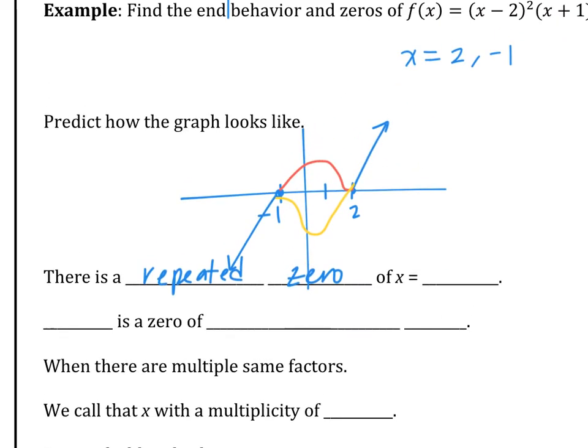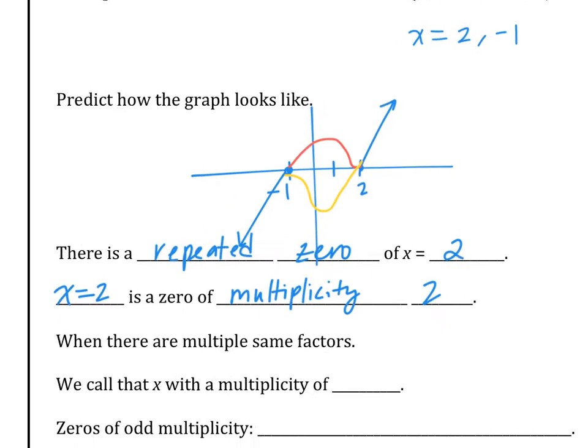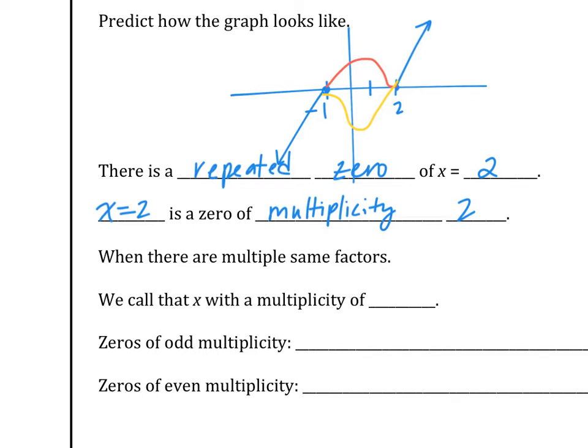And in this case, it's 2. Then we would say x equals 2 is a zero of multiplicity 2. Now, when there are multiple of the same factors, we say multiplicity m. So you would usually just write m equals 2, meaning there are 2 of the same thing.